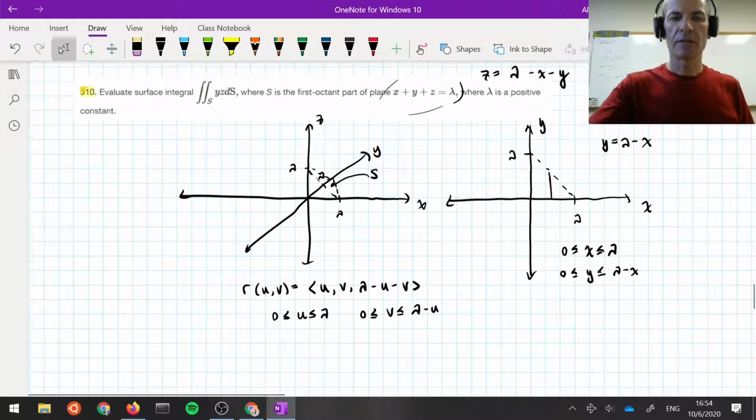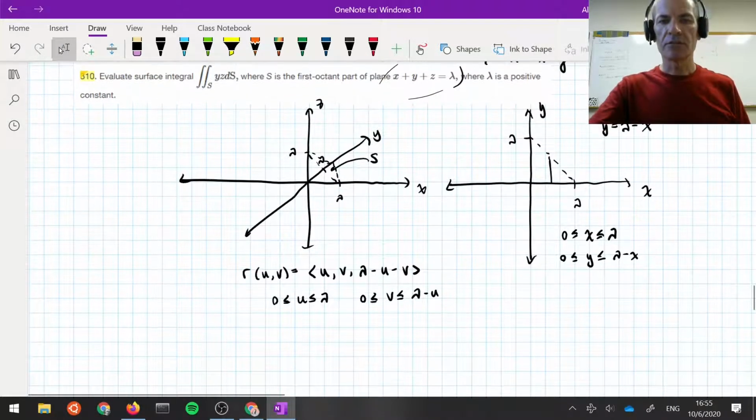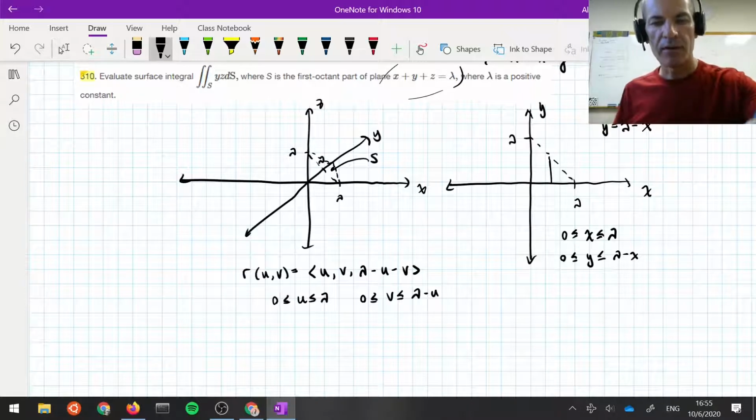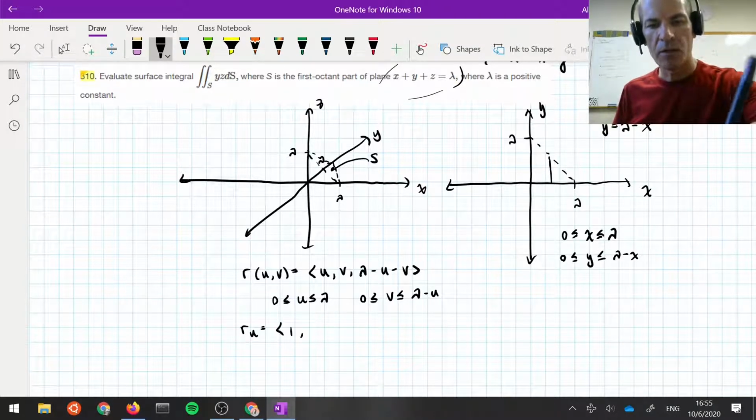the surface. This is a scalar surface integral, so we can just go through the whole process of RU, RV, and so forth. Let's do RU. RU is 1, 0, and negative 1. RV is 0, 1, and negative 1.